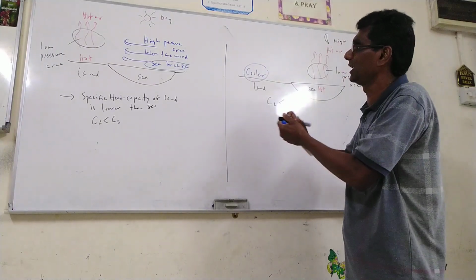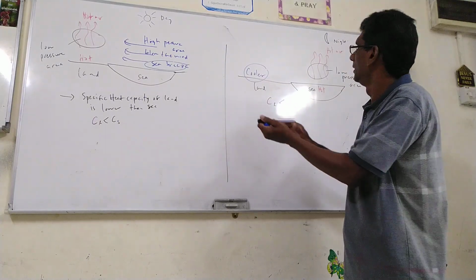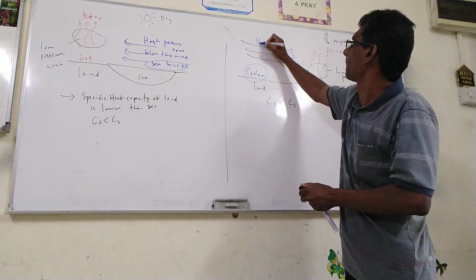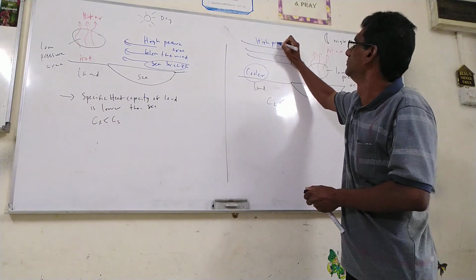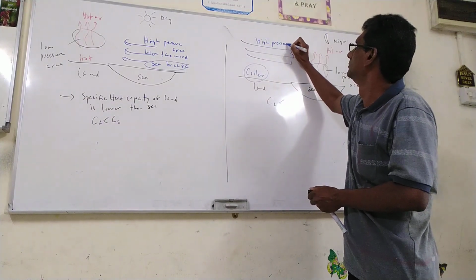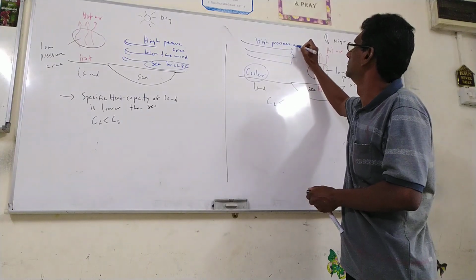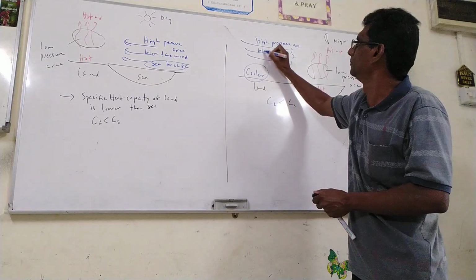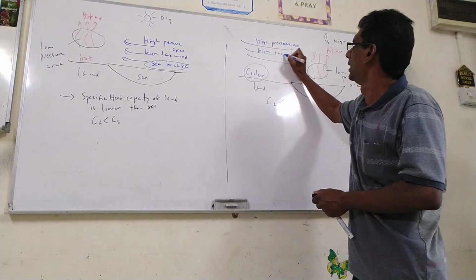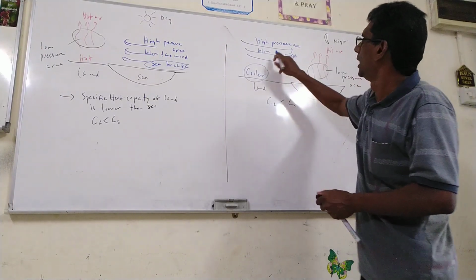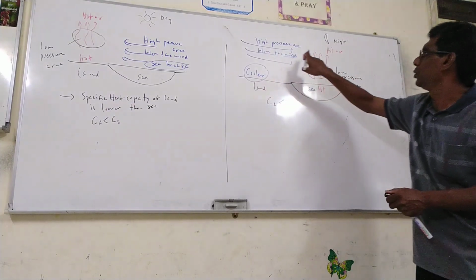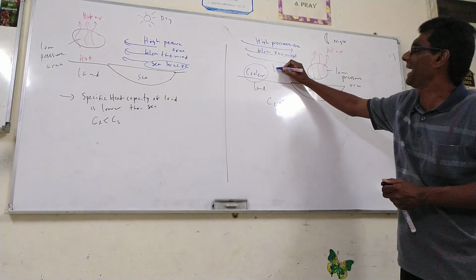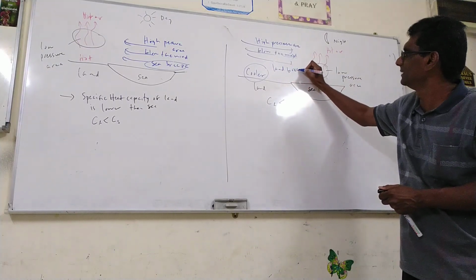So in the higher pressure area, the wind blows from the land towards the sea. From the land towards the sea, we call this land breeze.